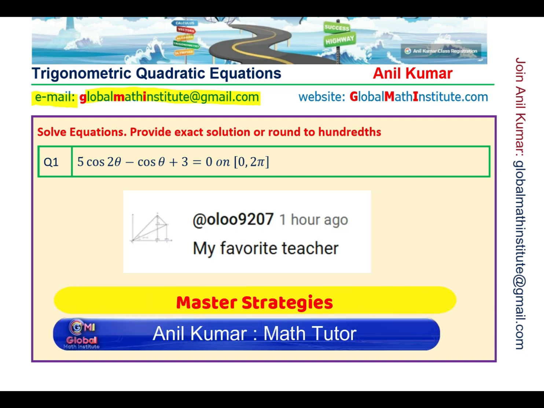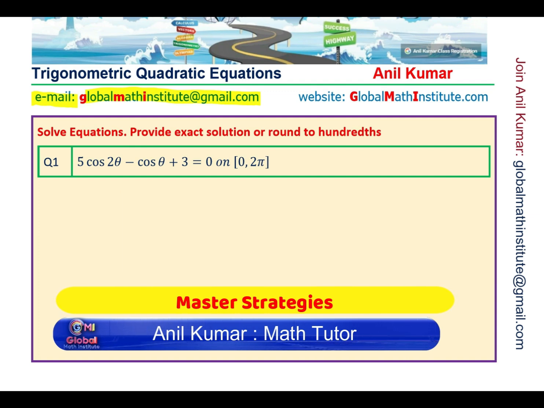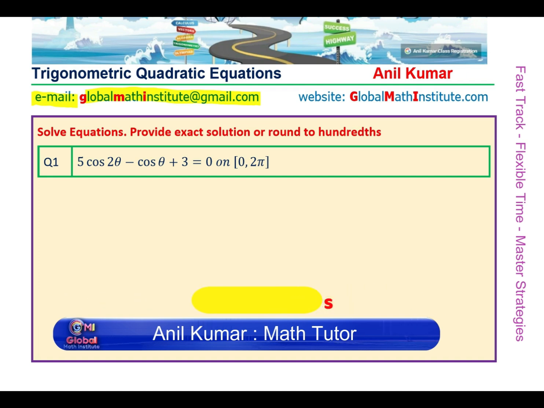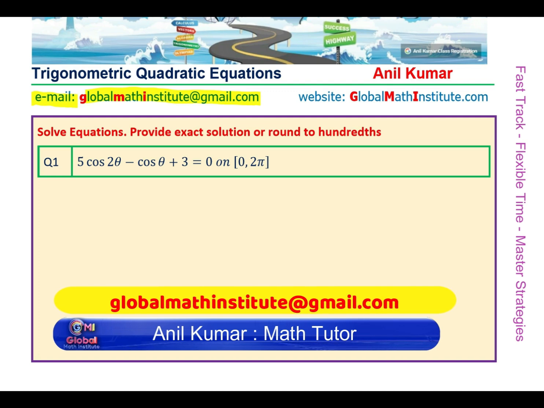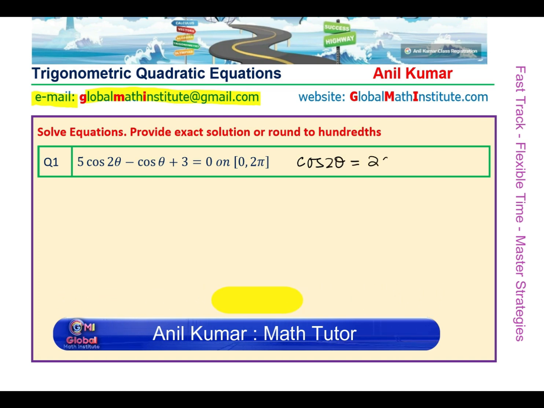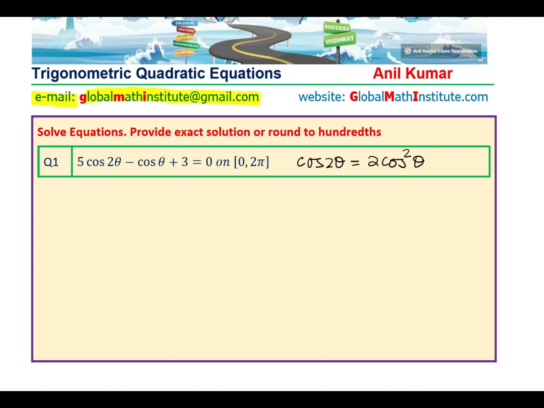Great. Question here is 5 cos 2 theta minus cos theta plus 3 equals 0 on the domain 0 to 2 pi. So cos 2 theta basically has 3 different formulas, as you know. We'll use cos 2 theta equals 2 cos square theta minus 1 to write this quadratic equation in cosine.